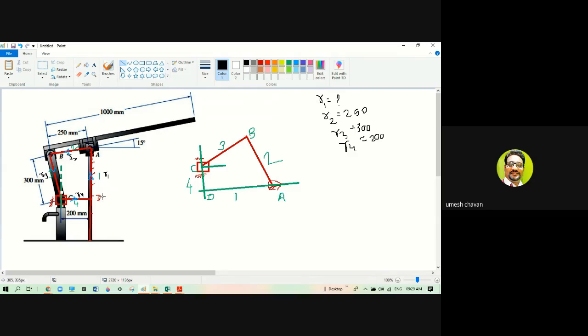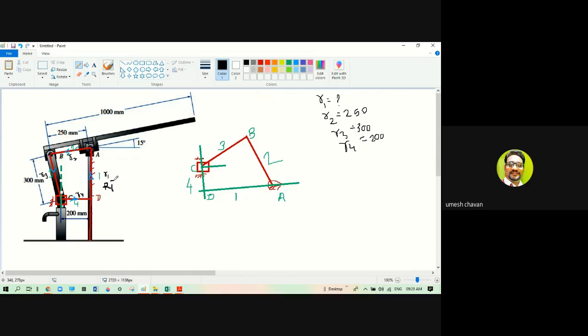The angle is to be measured at the tail of the vector from the positive x. This is the vector, and its name is capital R1 bar.